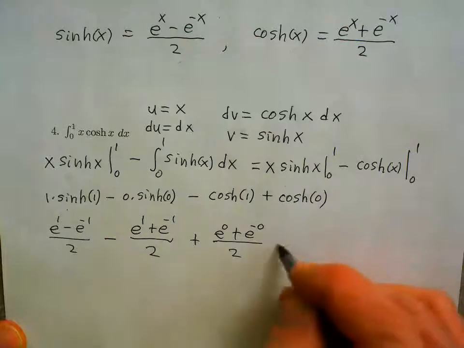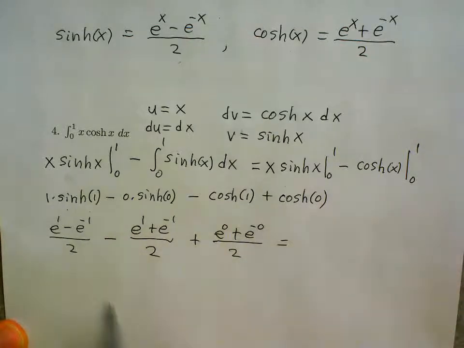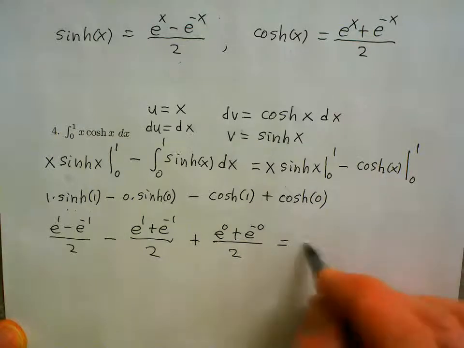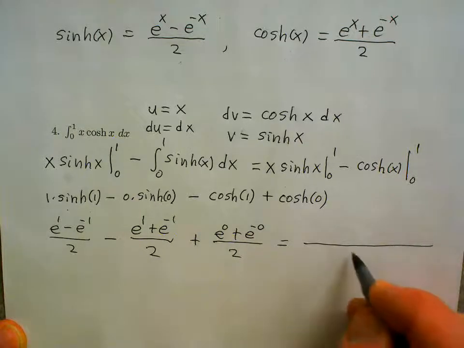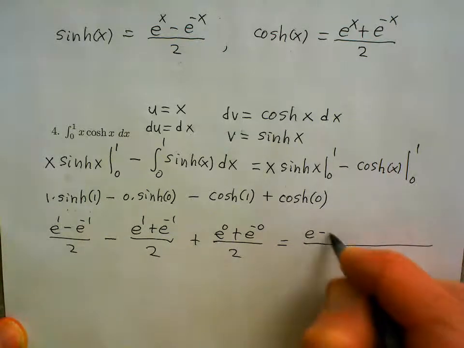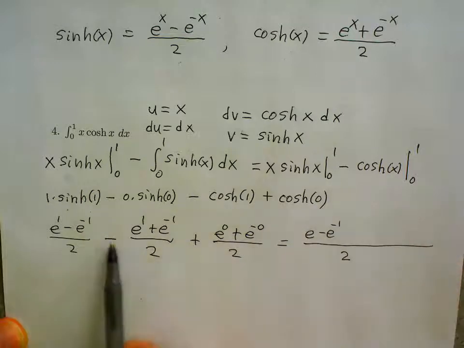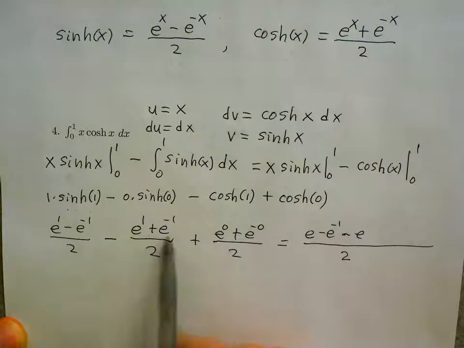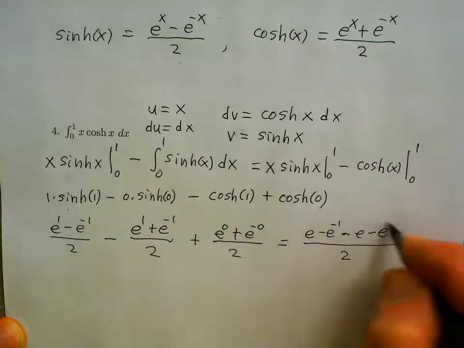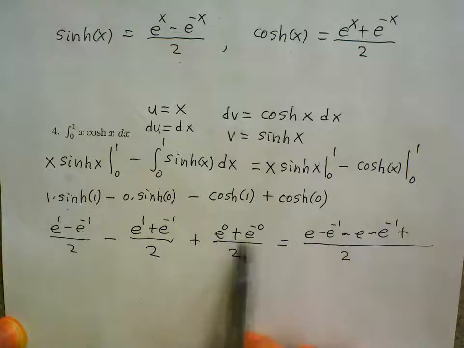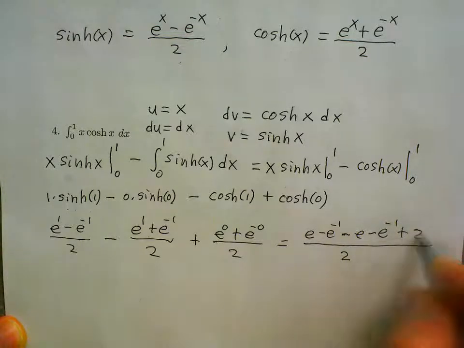Let's just take it a little bit further. We have common denominators. They all have a denominator of 2. So we have e minus e to the negative 1, and then minus e minus e to the negative 1, and then plus e to the 0 plus e to the 0 is 1 plus 1, or 2.